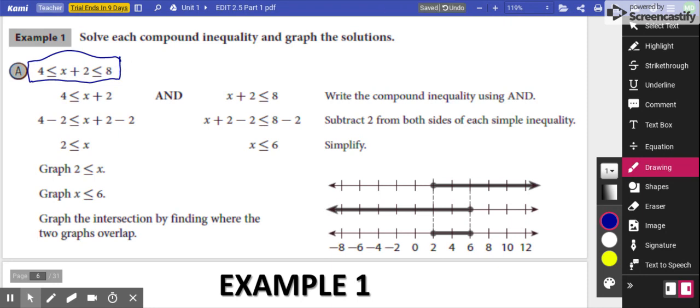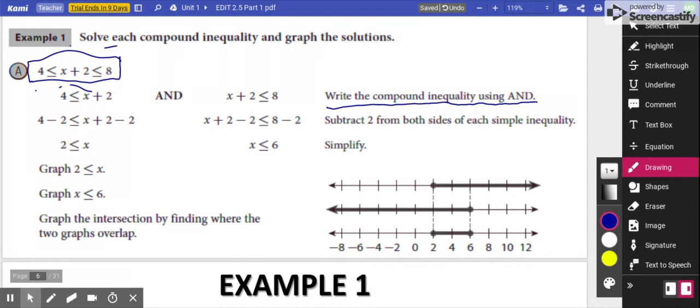This is just a combination of two simple inequalities. If it makes you feel more comfortable, you can write the compound inequality using the word and. They did that for us. So they broke our compound inequality up into two parts, the left and the middle, and then the middle and the right. Two different inequalities.